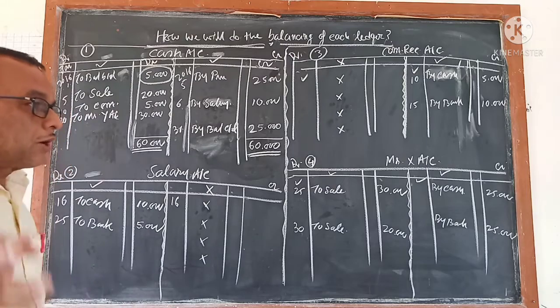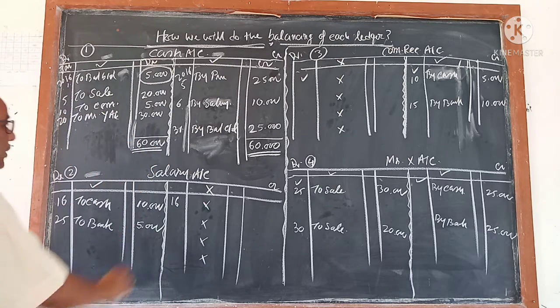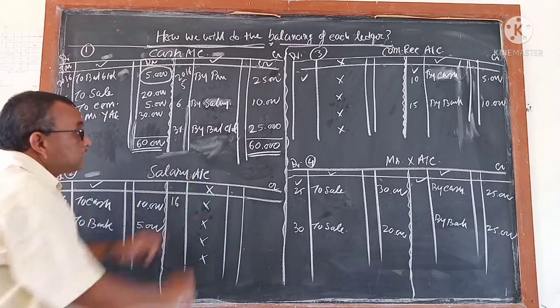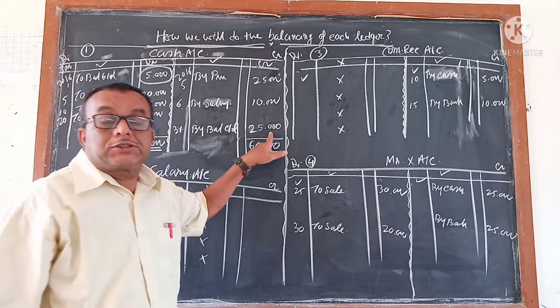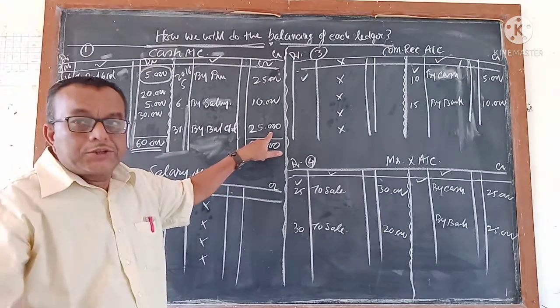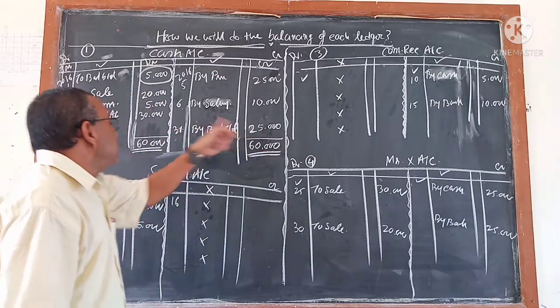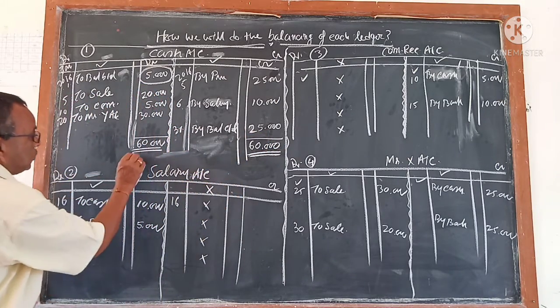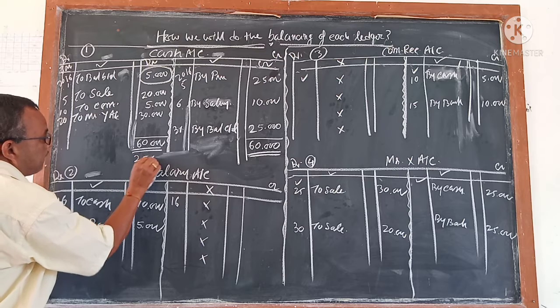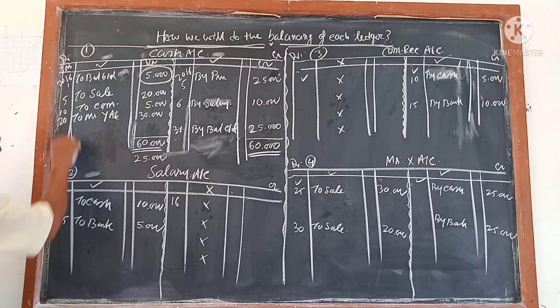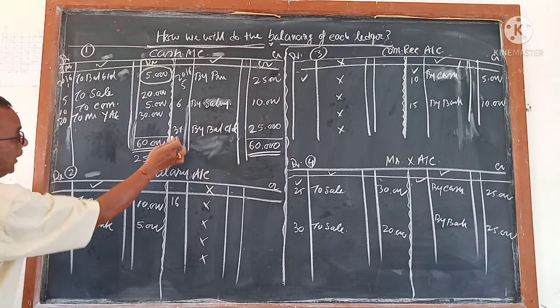Your work is not over. This is the second step. Third step: on which side did you get this balance? Obviously the lesser side. Then you write this amount on the opposite side below the total, and the date will be the next date after that date.